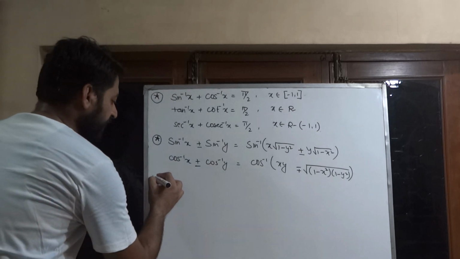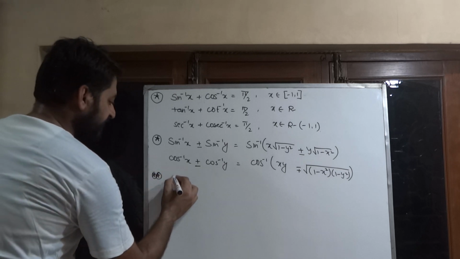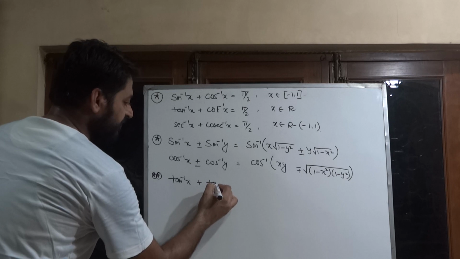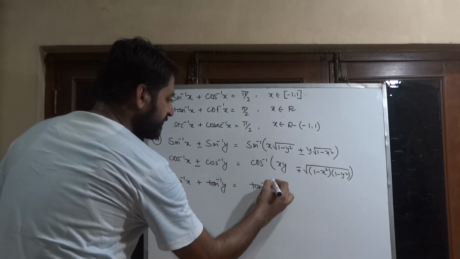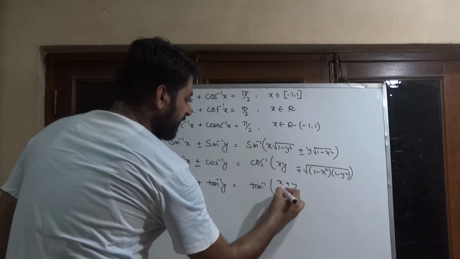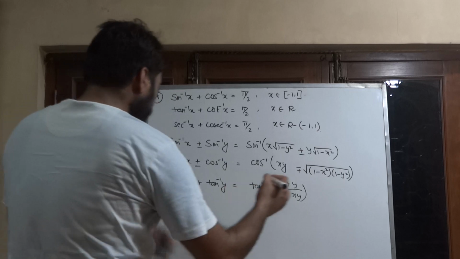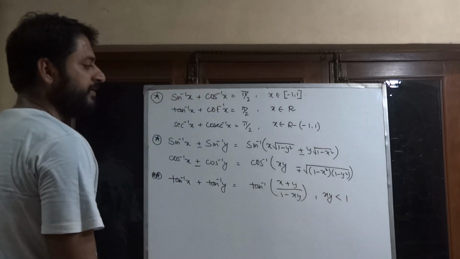Now the third one is extremely important. That is tan inverse x plus tan inverse y equals tan inverse of x plus y by 1 minus xy. This holds true when xy is less than 1.